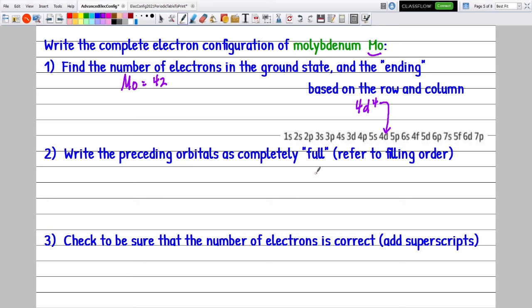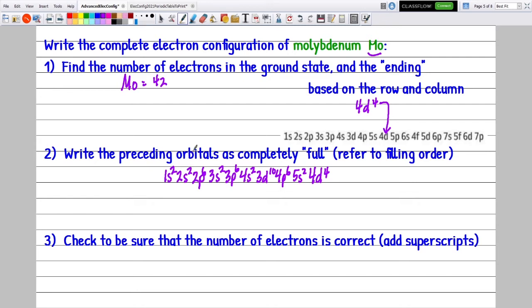So let's write down the ending and then work backwards. 4d4, working backwards, 5s2, 4p6, 3d is filled at 10, 4s is filled at 2, 3p is filled at 6, 3s is filled at 2, 2p is filled at 6, 2s is filled at 2, and 1s is filled at 2.